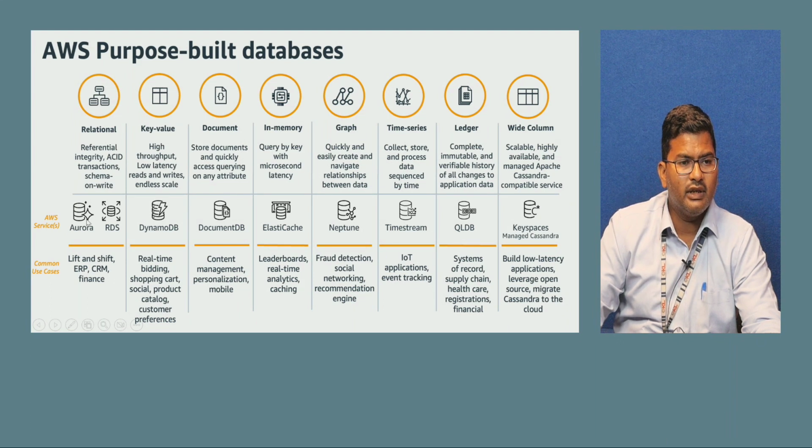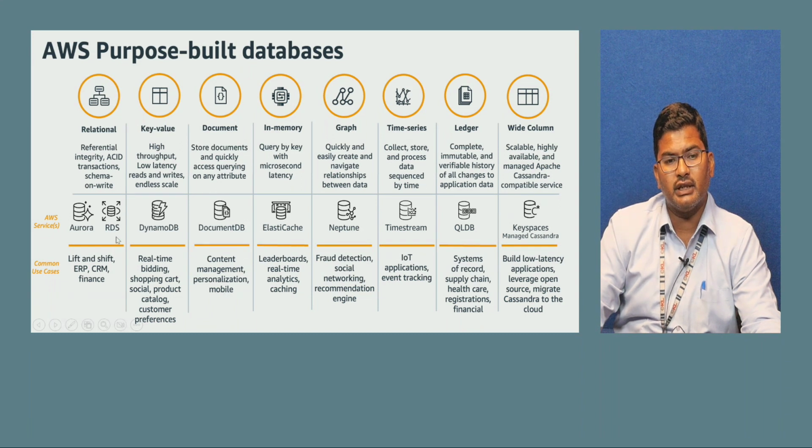That's why the AWS services are mainly RDS, which is a combination of MySQL, MariaDB, PostgreSQL and the rest. All the list which I have mentioned here all comes under RDS, relational databases.